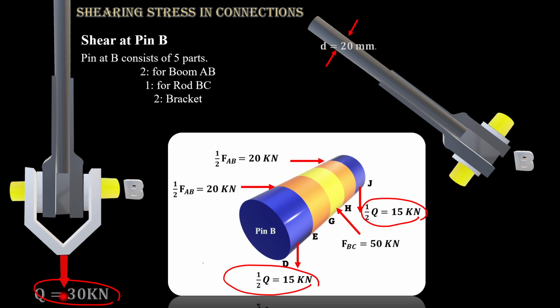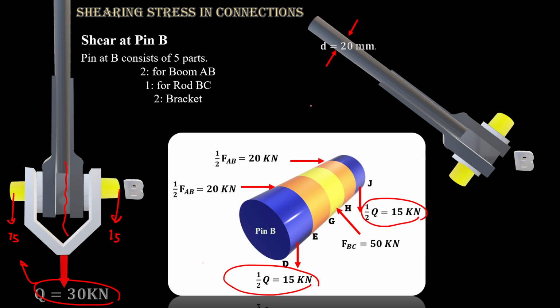If we look at it this way, due to symmetry, we just put 15 and 15 of these 30 kilonewtons at the edge of the pin, as you can see at both ends. Then you just move on.